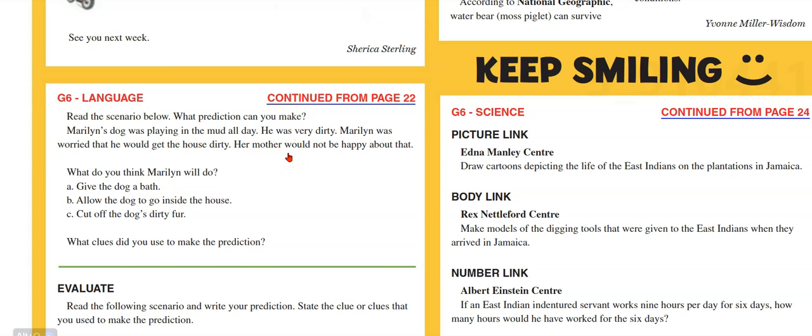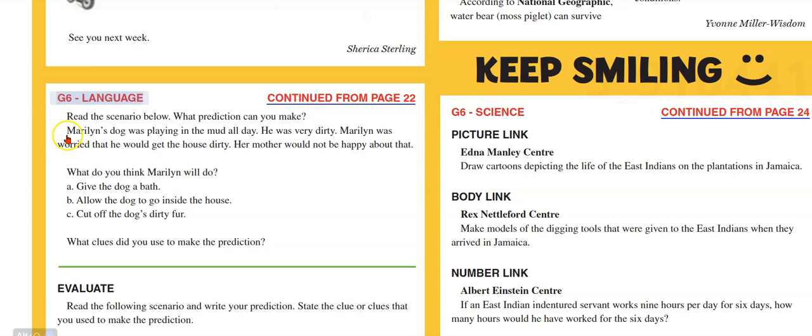What do you think Marilyn will do? A, give the dog a bath. B, allow the dog to go inside the house. C, cut off the dog's dirty fur. What clues did you use to make the prediction?